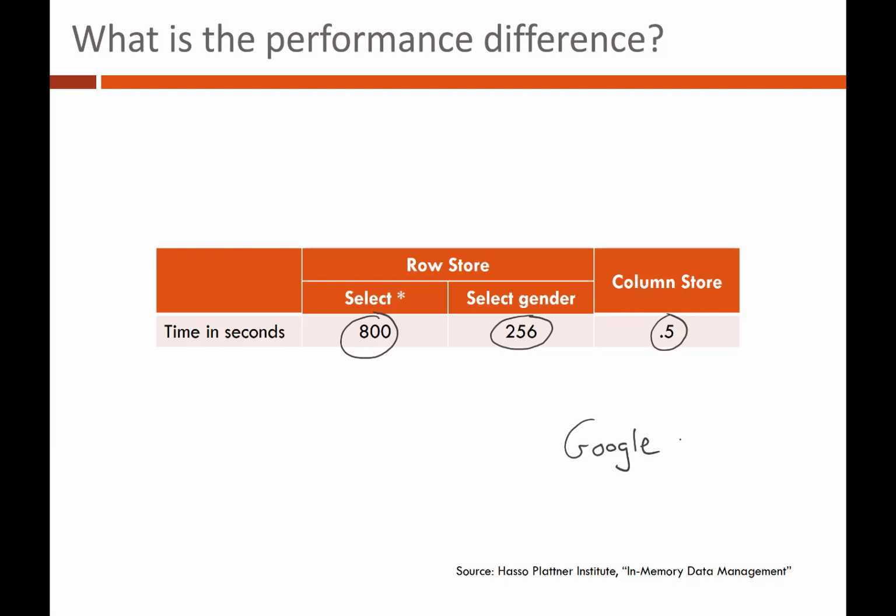Well, all that's happened is SAP and SAP's competitors are stealing techniques that Google and other companies like that have been using for a long time to create search engine results. And the point of all this is, if we can take a query that used to run in minutes and get it to run in sub-second time, the world of enterprise information systems changes dramatically.